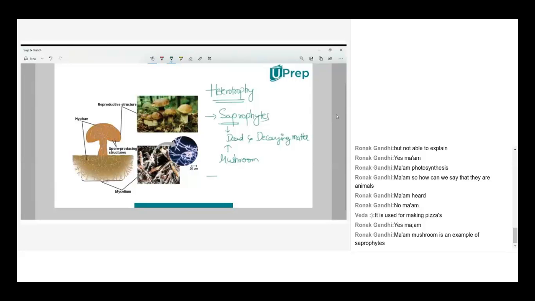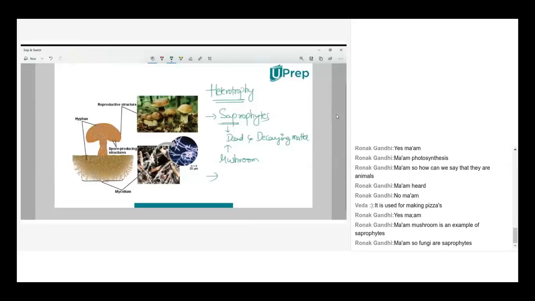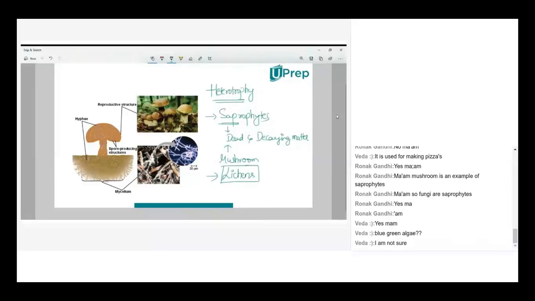Other than saprophytes, you have a word called lichens. Have you heard this word? Lichens. Here we are talking about nutrition in fungi. Clear with that point of difference?